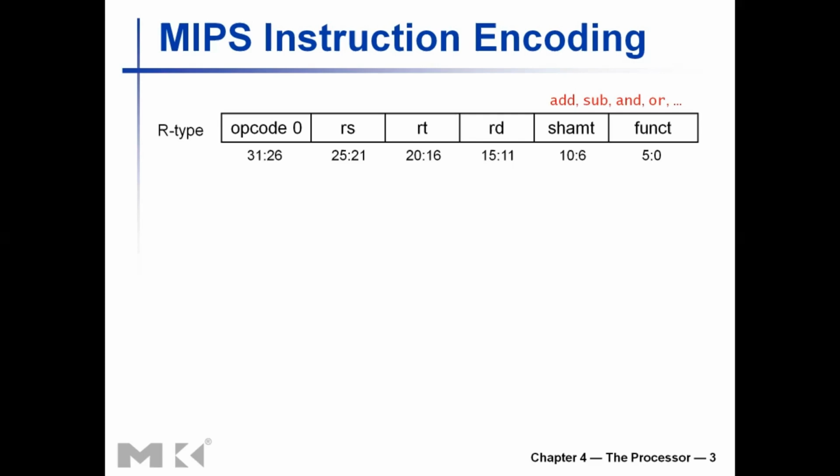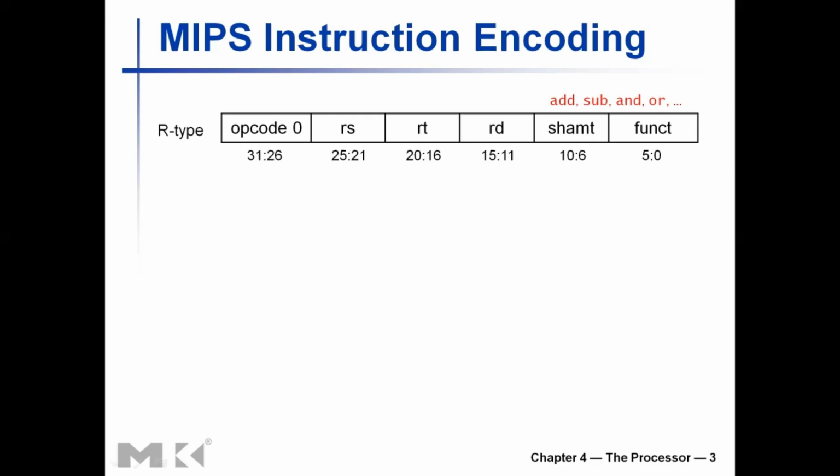So 3 register numbers. Can someone tell me how many registers you have in the MIPS architecture? You can look it up if you want. How many registers does MIPS have?